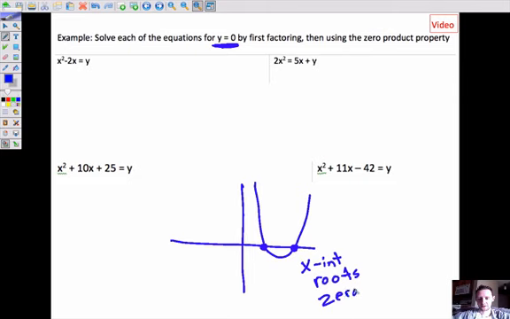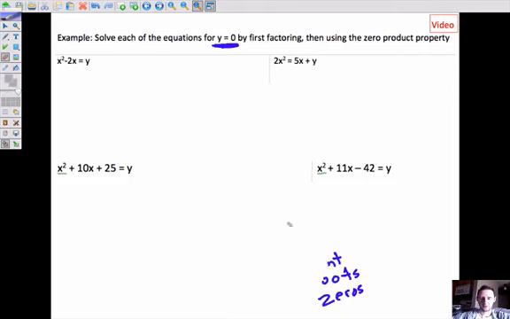We also call them the zeros, and hopefully this makes that zeros part fairly obvious. When you plug in y equals 0, you're finding the zeros, same as the roots, same as the x-intercepts. So the first step that we have to do for all of these is to plug in y equals 0. I'm just going to go ahead and do that for all of them.